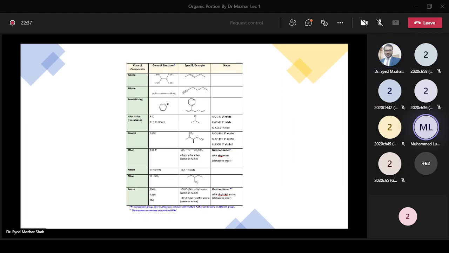Can anyone tell me why they are different, why we differentiate between these classes? If the halide is attached to a primary carbon, then it is a primary halide, and if it is attached to a secondary carbon, then it is a secondary halide, and the same for tertiary. So what is a primary, secondary, or tertiary carbon?